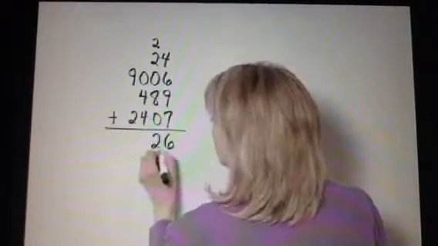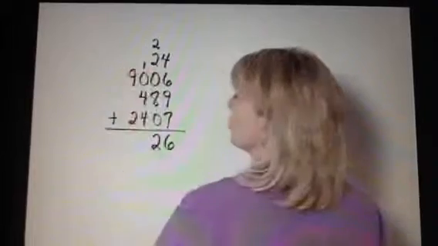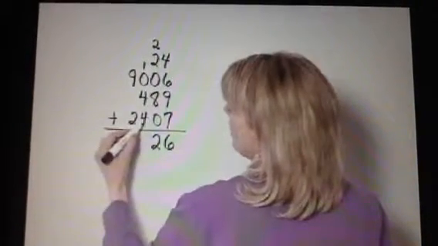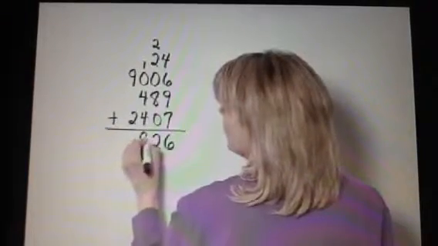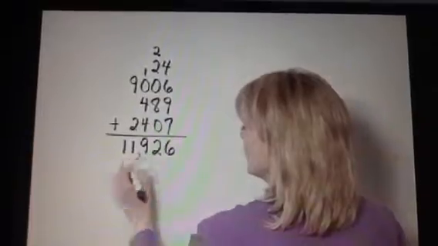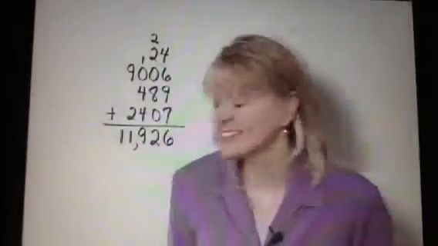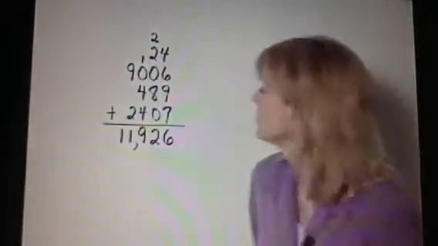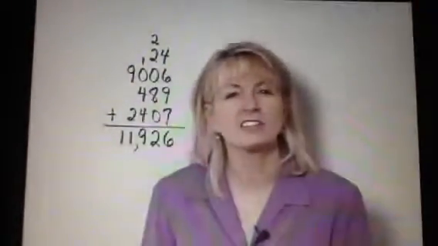So I write down the 2 and carry the 1. 1 and 4 is 5, and 4 is 9. And then 9 plus 2 is 11. And then let me place a comma. My sum, or the total, is 11,926. So there's a little bit about adding whole numbers.